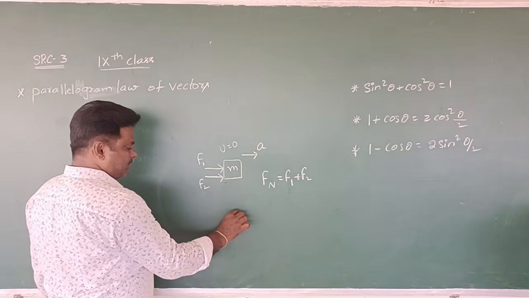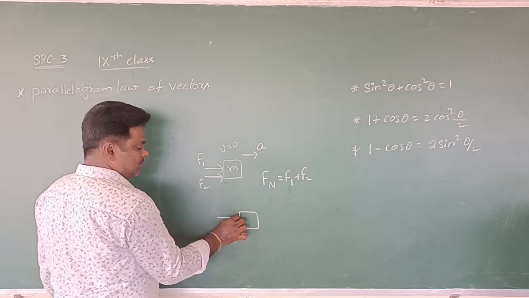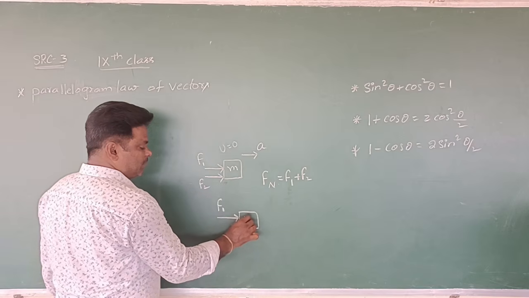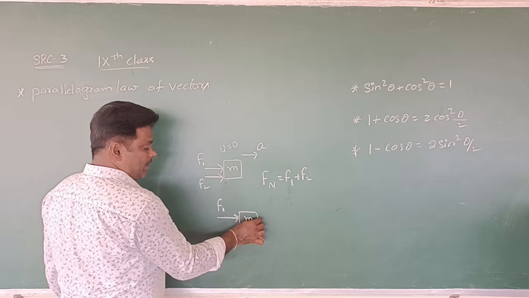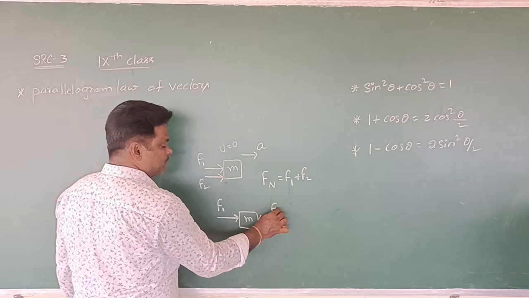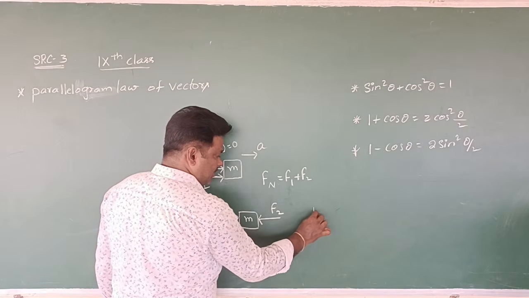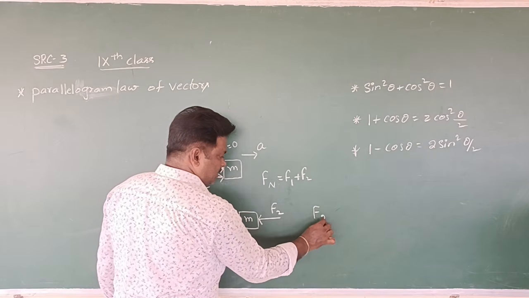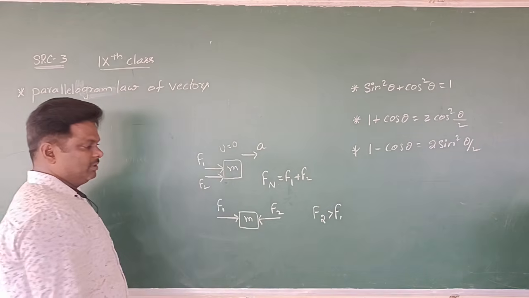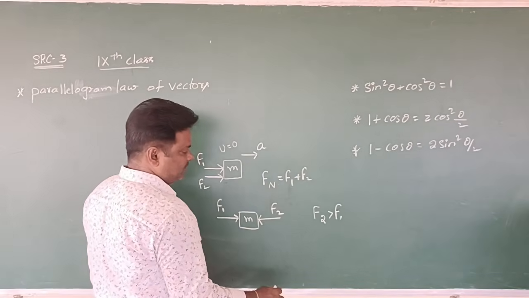One more example I will tell. This is a block of mass M, and here is the force F1 that you are applying, and another force is acting opposite to this one. Since I am applying this one, I can say that F2 is greater than F1. Then what is the net force during this process?